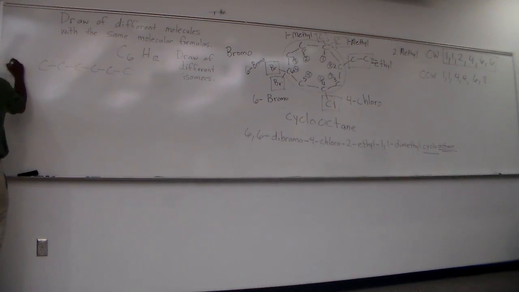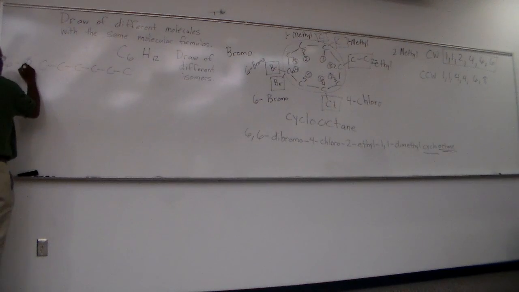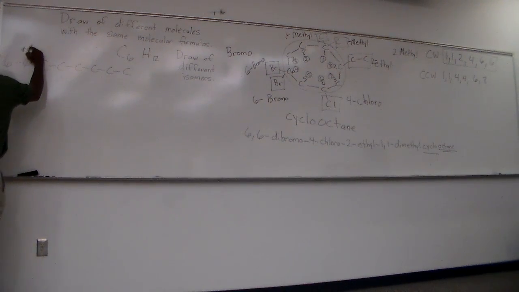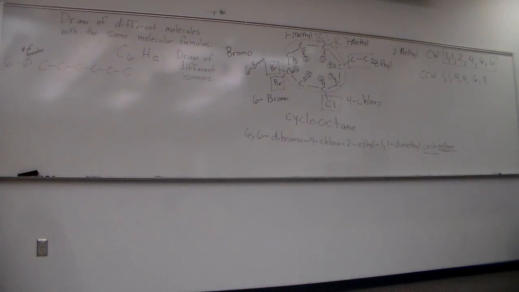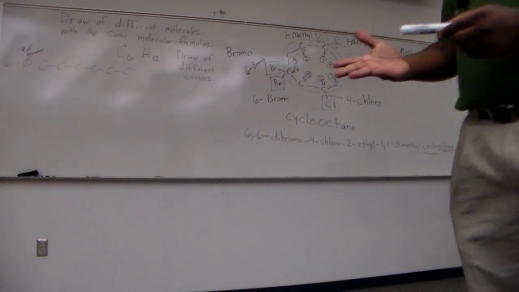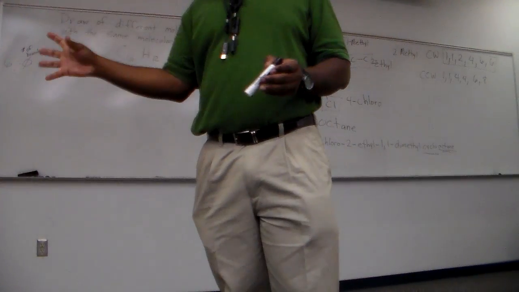This is 6 carbon atoms, 0 branches, no more branches. What name is given to a molecule with 6 carbon atoms in a straight line? Hexane.